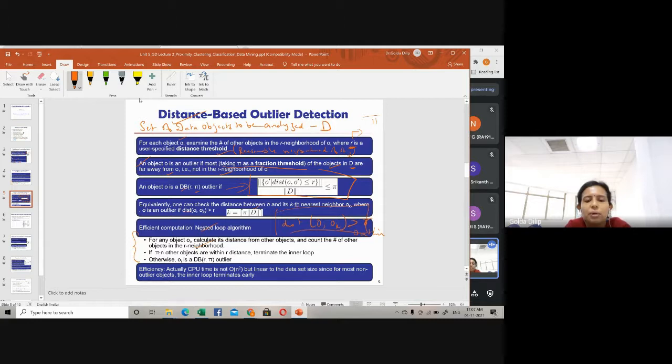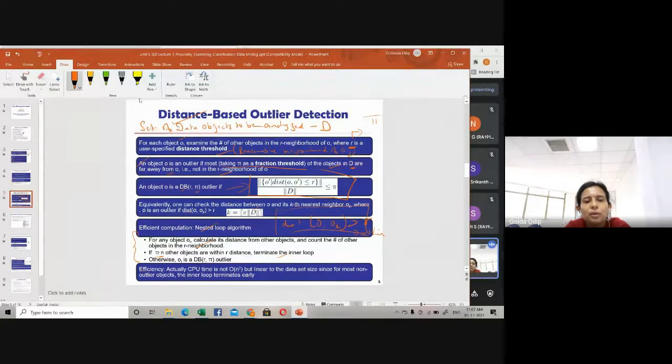That's the first step. Once we find pi times n other objects within r distance, then you can terminate the inner loop. Otherwise it will be treated as an outlier.